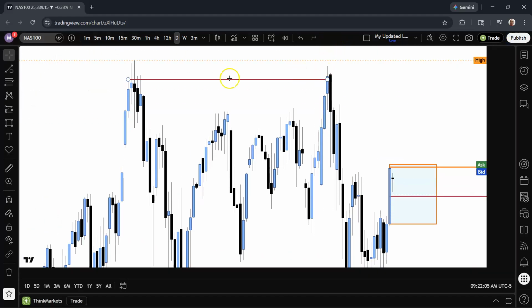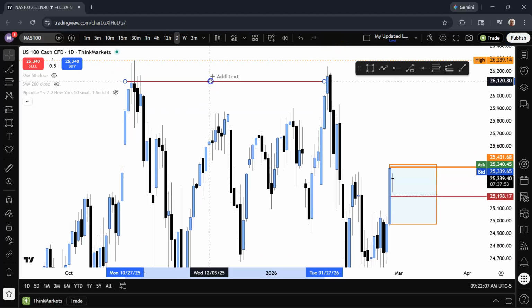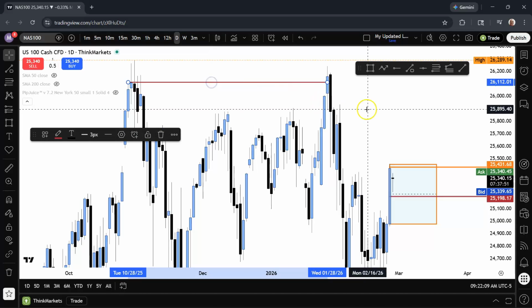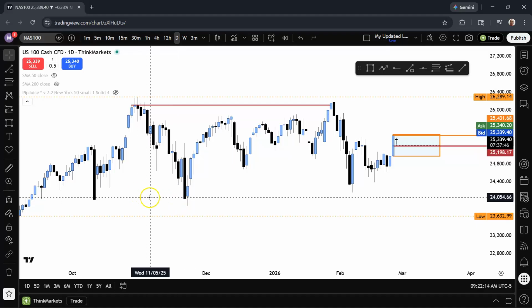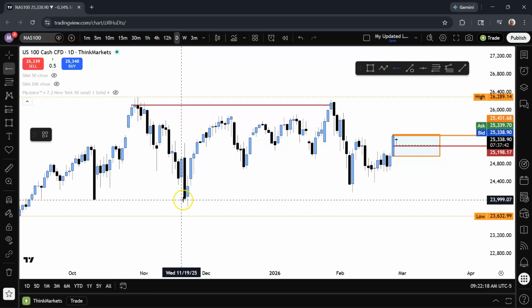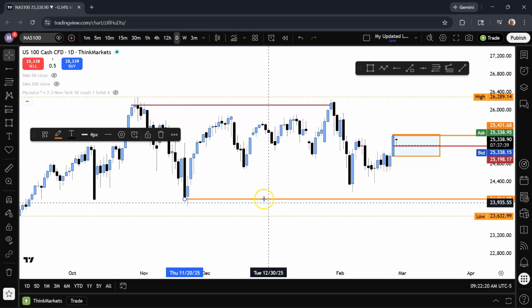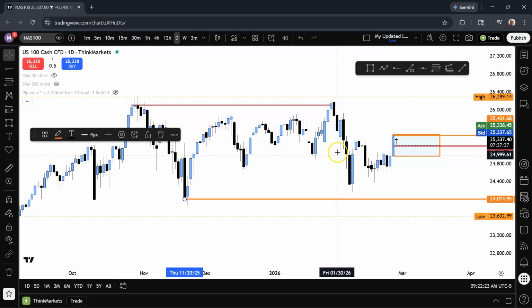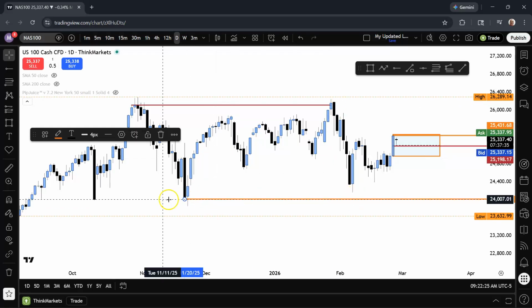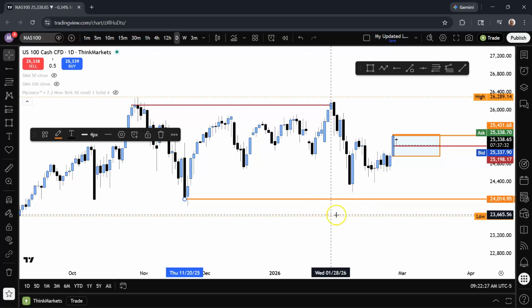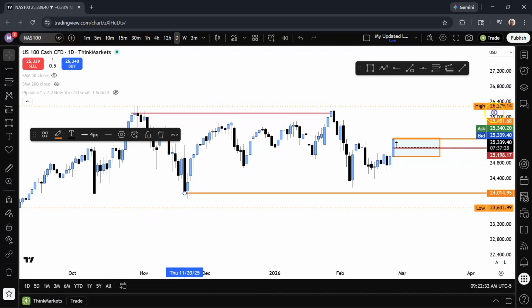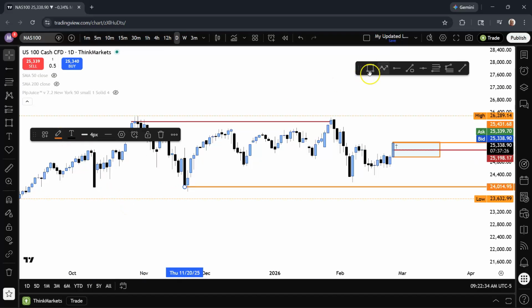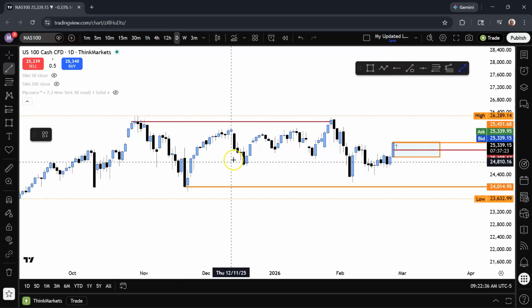That candle is higher than that candle here, so that's a higher high. And what caused that high was this low right here. We're bullish because it didn't come down and break this line, so it didn't change the structure of the market. So we're still in a bullish structure on NAS 100.